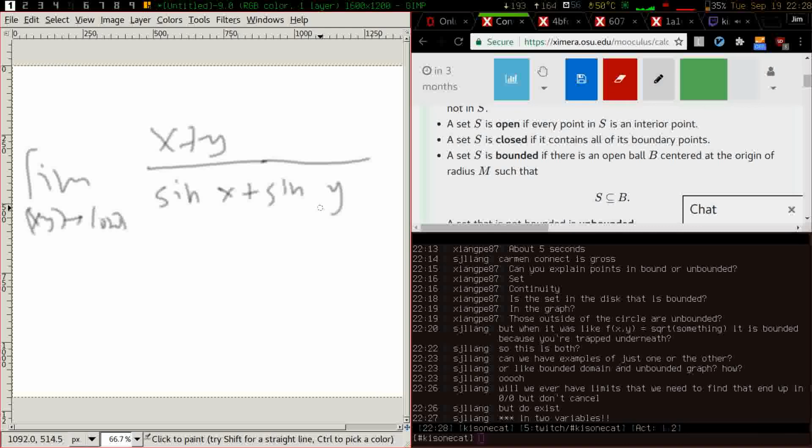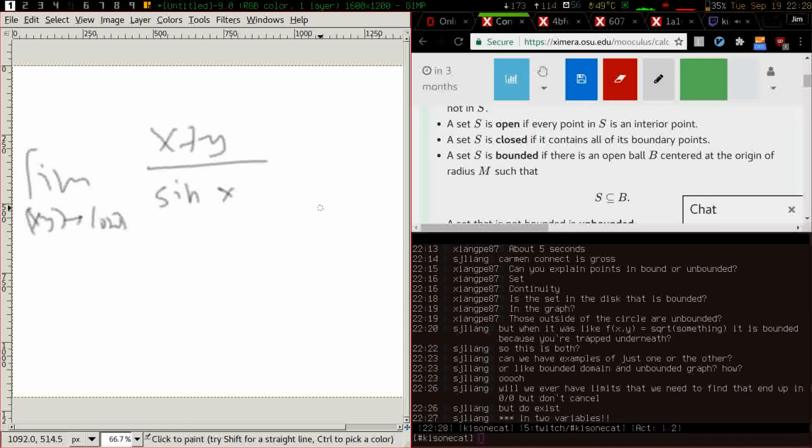And maybe you're hoping for some sort of L'Hopital thing, but I wouldn't recommend that certainly. Maybe it's easier just to think about a case like this: x plus y divided by sine of x.